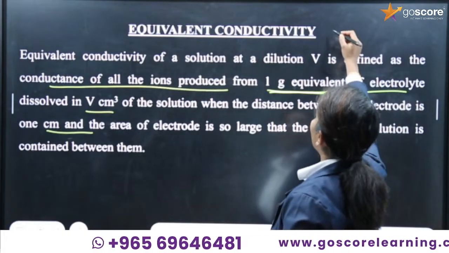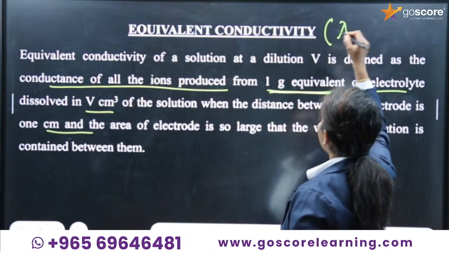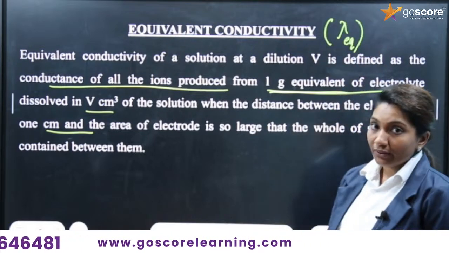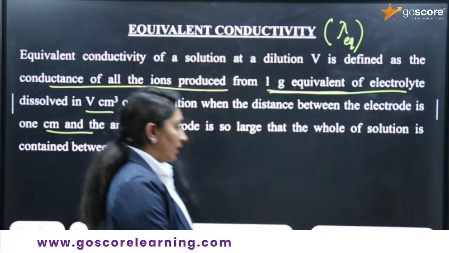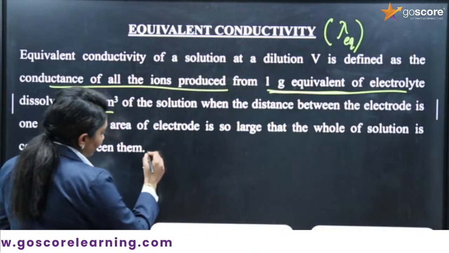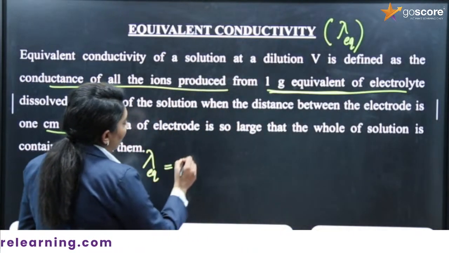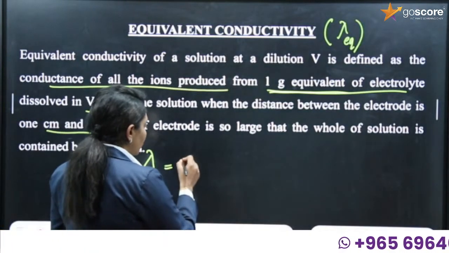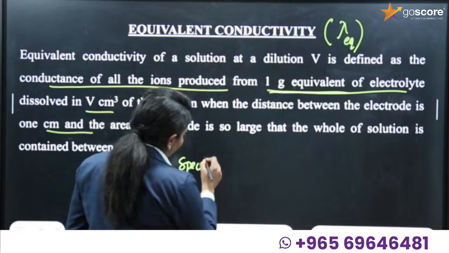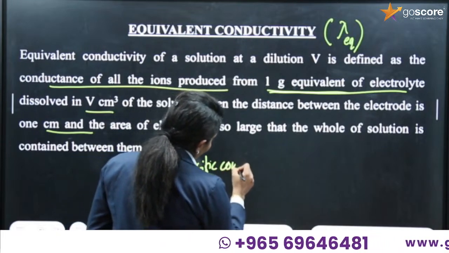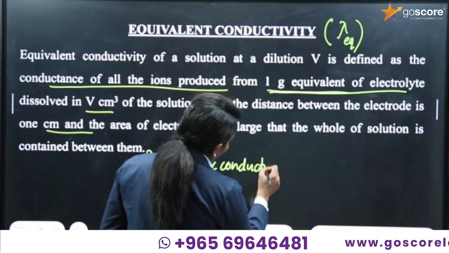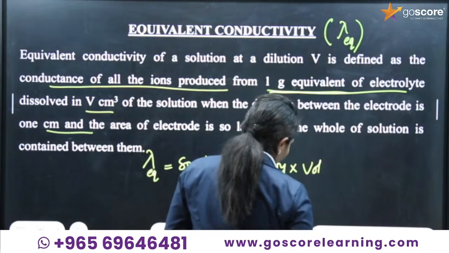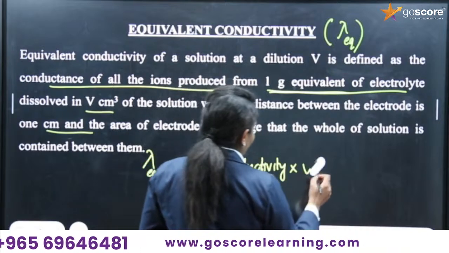We represent this with lambda equivalent, which is equal to the specific conductivity into V, the volume.